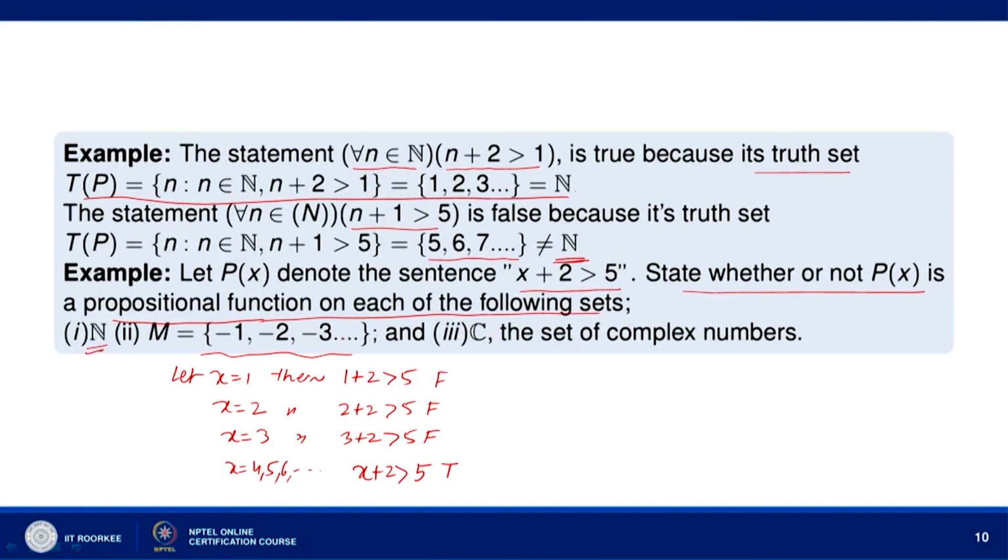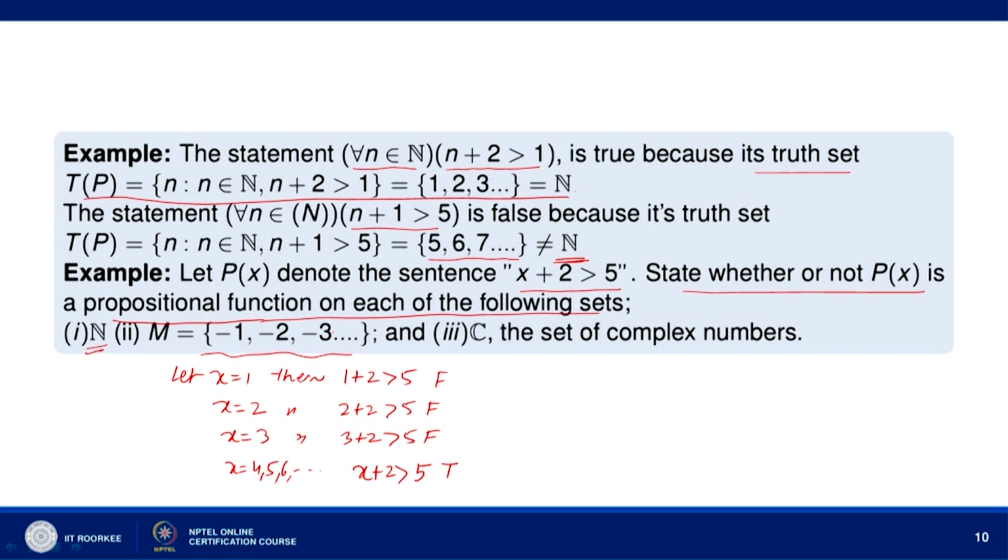Now, let us take the other case, M equal to minus 1, minus 2, minus 3 and so on. Here if you take x to be minus 1, then minus 1 plus 2 is equal to 1, and 1 greater than 5 is not true. When you take x equal to minus 2, x plus 2 is 0, so 0 greater than 5 is not true.